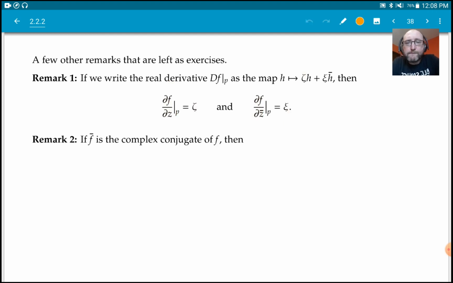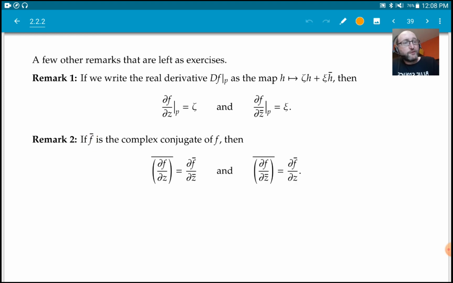If f bar is the complex conjugate, then if you compute the Wirtinger operators, taking the complex conjugate of the z derivative of f is the same thing as the z bar derivative of the complex conjugate of f, right?